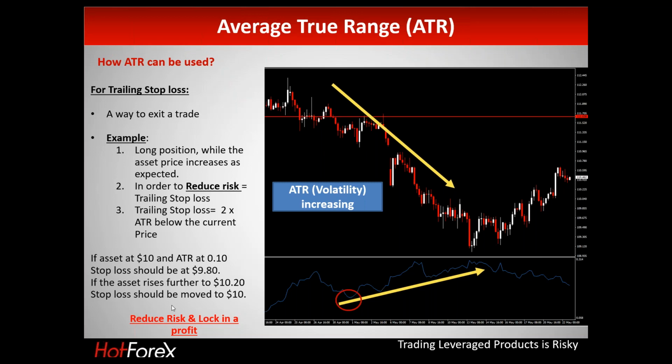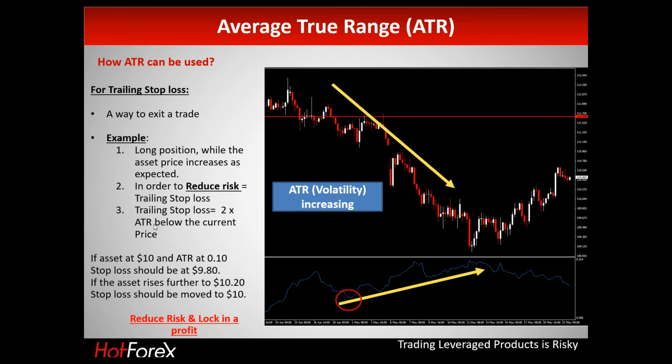Or you can set it at multiples of the ATR. The most common, as I mentioned, is twice, so 2 multiples of ATR. Here I have this in my bullet points. You can set your stop loss 2 times the ATR.